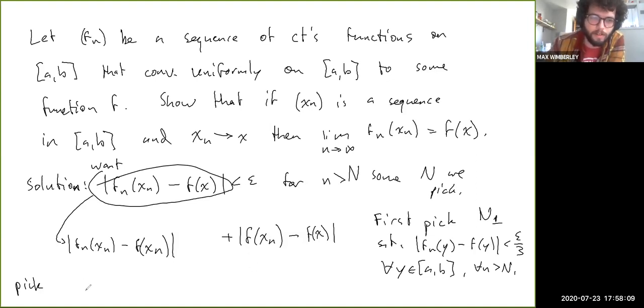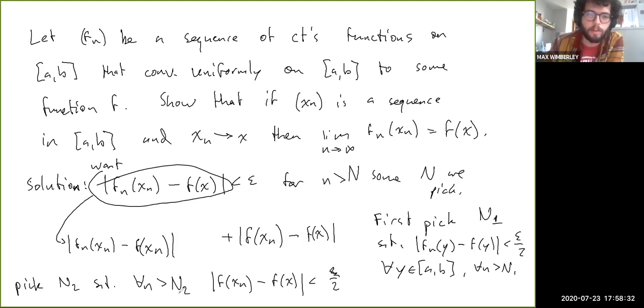Okay, good. And then pick n2 such that for all n greater than n2, we have f of xn minus f of x is less than, so this can be epsilon over 2 now. That was very sneaky. Okay, epsilon over 2. And then pick N to be the max of those.